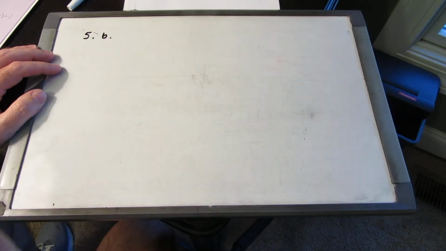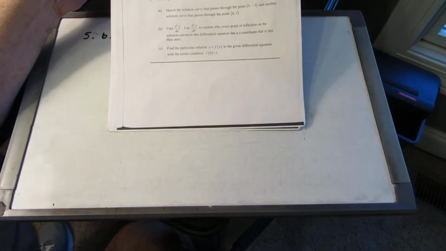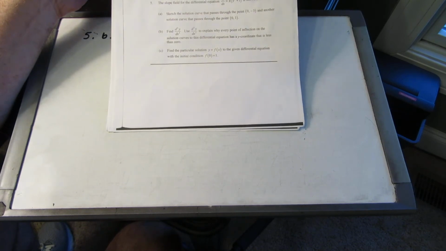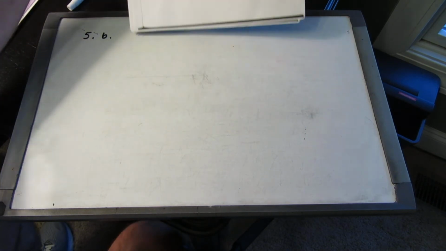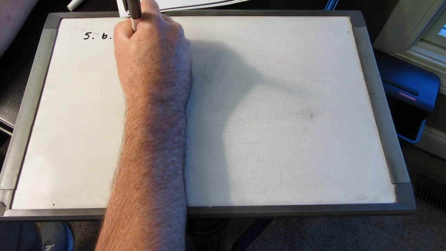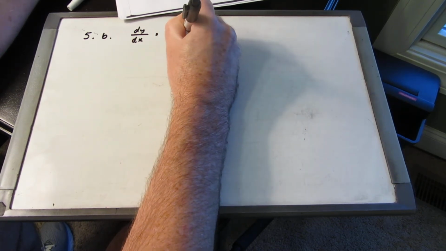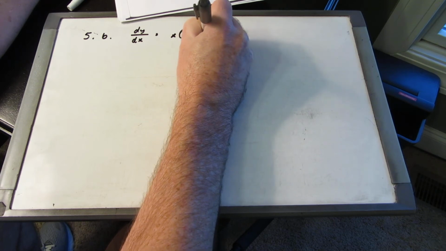Alright, 5b says find the second derivative and explain why every point of inflection on the solution curve has a y-coordinate that is less than 0. So back to the original part of the problem, dy/dx is equal to x times (y squared plus 1).